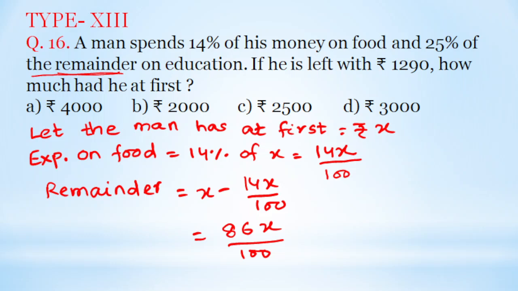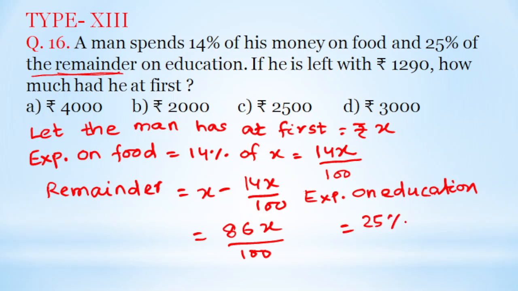That means the expenditure on education is equal to 25% of the remainder. Here the remainder is 86x by 100. That means 25% of 86x by 100.